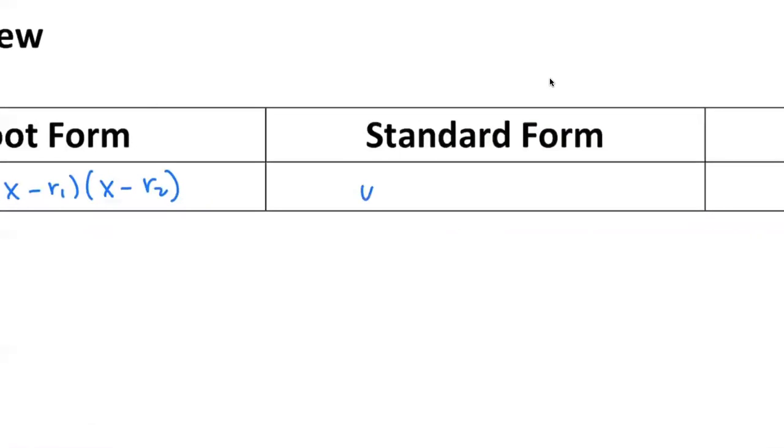The standard form is y equals ax squared plus bx plus c. And that is also very helpful because we can tell the y-intercept, remember the c value, the y-intercept. And we can also get the axis of symmetry, which is negative b over 2a. And we can, of course, find the roots.